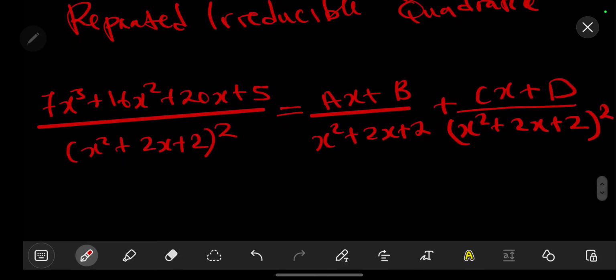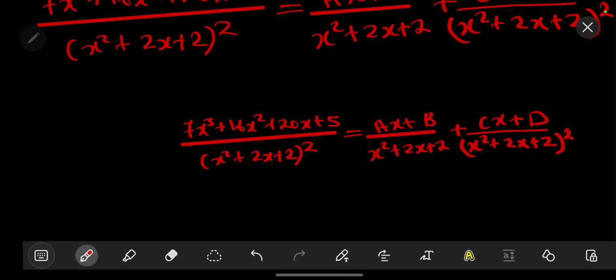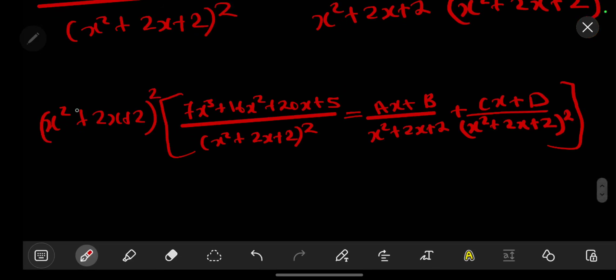So from there we are going to multiply the denominator. So the denominator is x squared plus 2x plus 2, like that. Then we are going to have it squared, like that. Then when we do that, we are multiplying throughout.